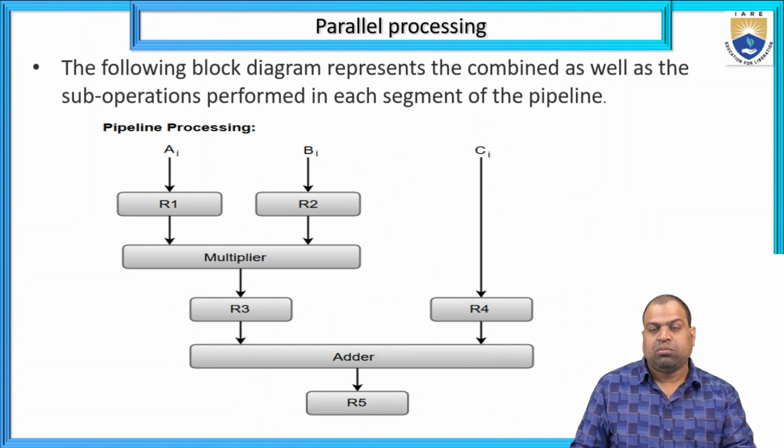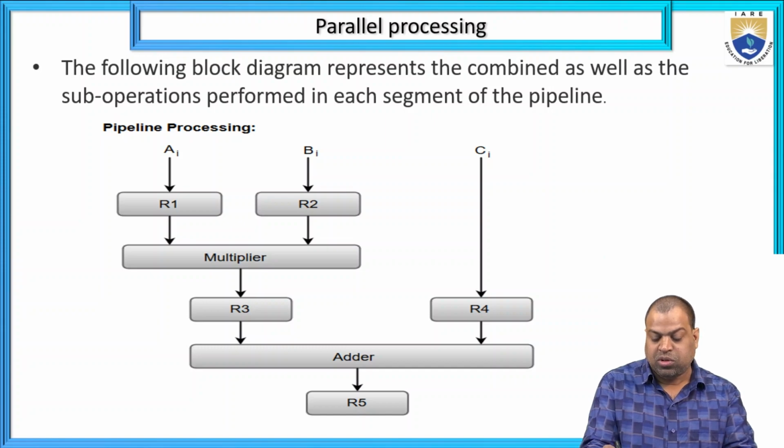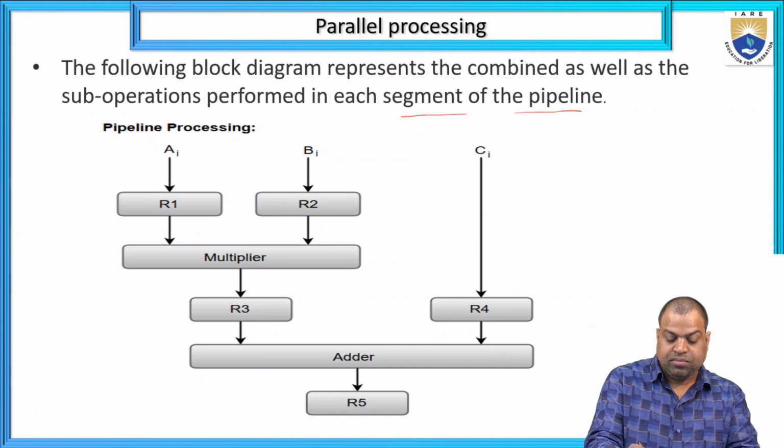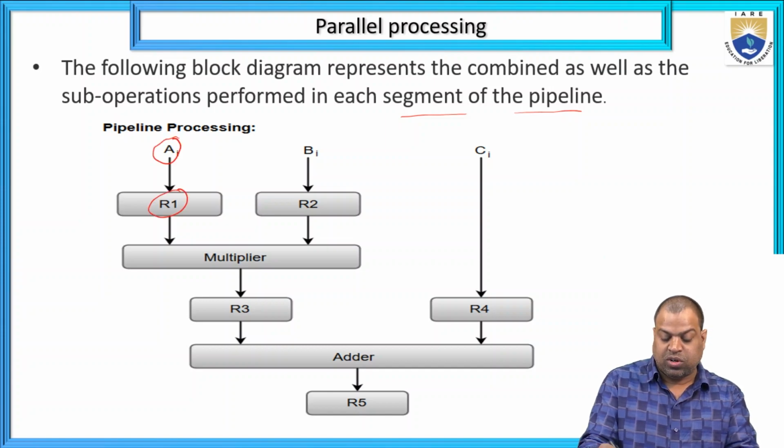The following block diagram represents the combined as well as the sub-operations performed in each segment of the pipeline. Suppose A is stored in R1 and B in R2. Here I am going for the multiplier, which means A into B, or R1 into R2.